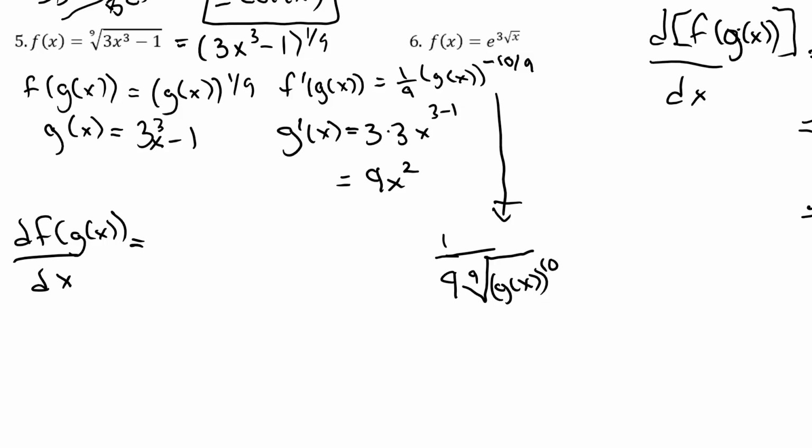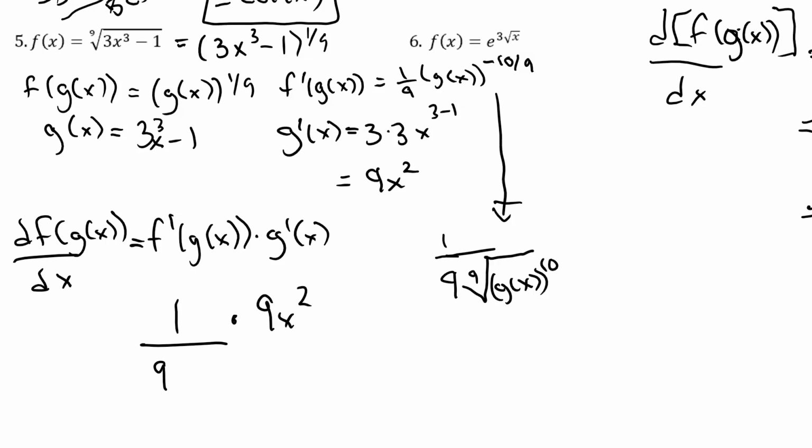is equal to the derivative of the inside times the derivative of the outside with the inside remaining the same. So we got 9x squared for the derivative of the inside times this other guy, this hot mess here.